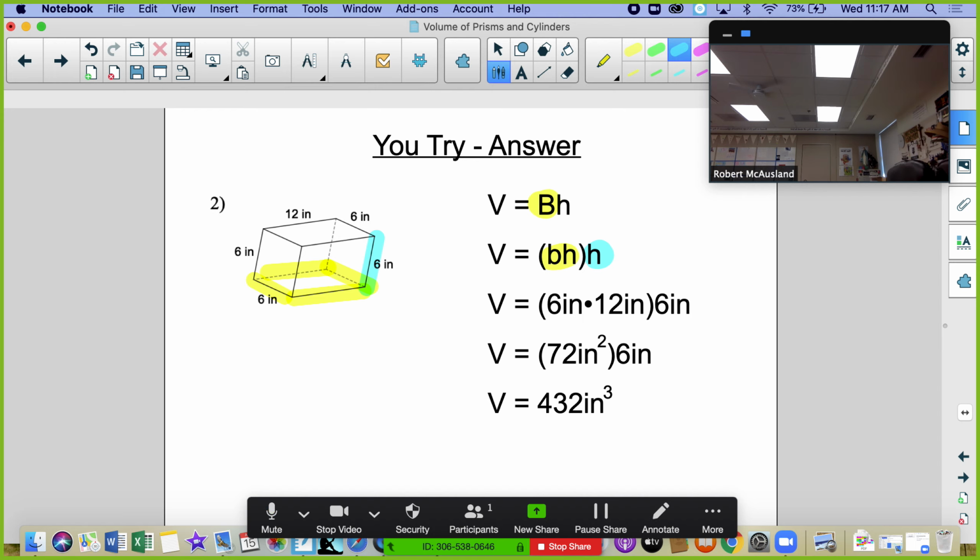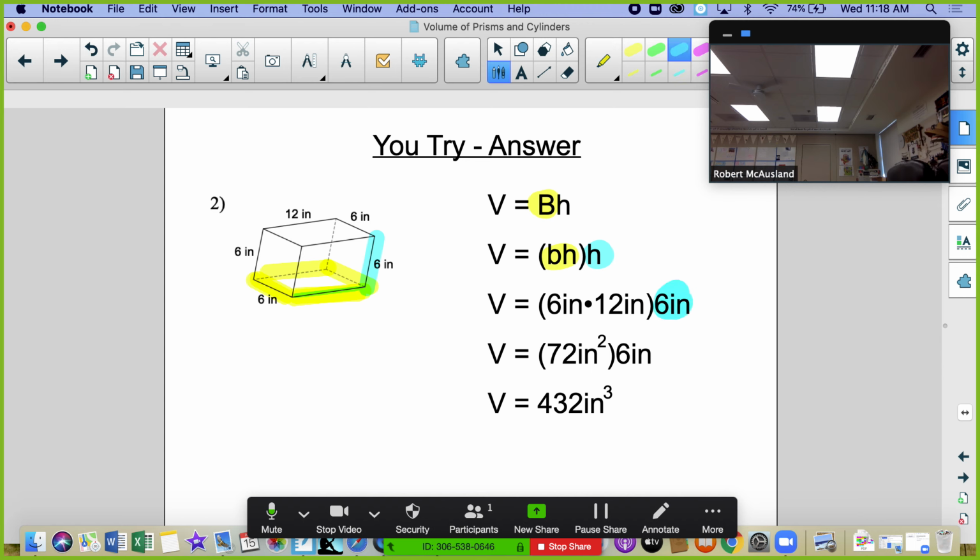So the base of my rectangle is 6 inches by 12 inches. Remember how we find that, there is no number here, but if I move this line around, look, it's parallel with that, so I know it's 12 inches. It's always going to be parallel to that value. So the height of my base is 12 inches, and then the height of the object is 6 inches.